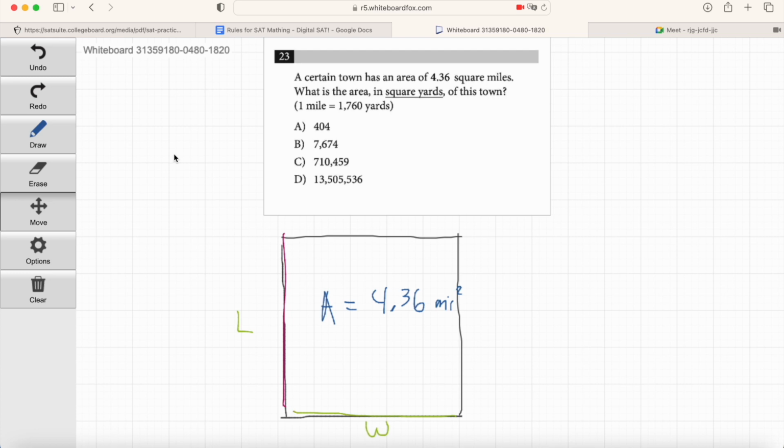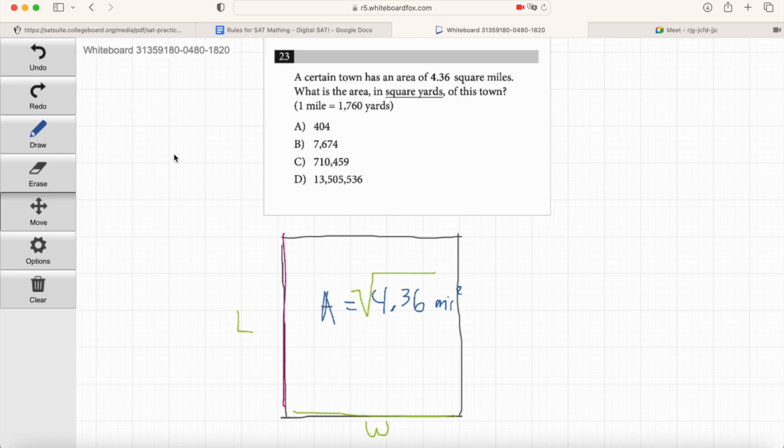Well, dividing by 2 won't do it, right? Because if you multiply those values together, I don't think you'll get 4.36. But if you take the square root of 4.36, that should give you the length and the width. Do you see the difference there? You don't multiply the length by 2 to get the area. You multiply the length times the width.